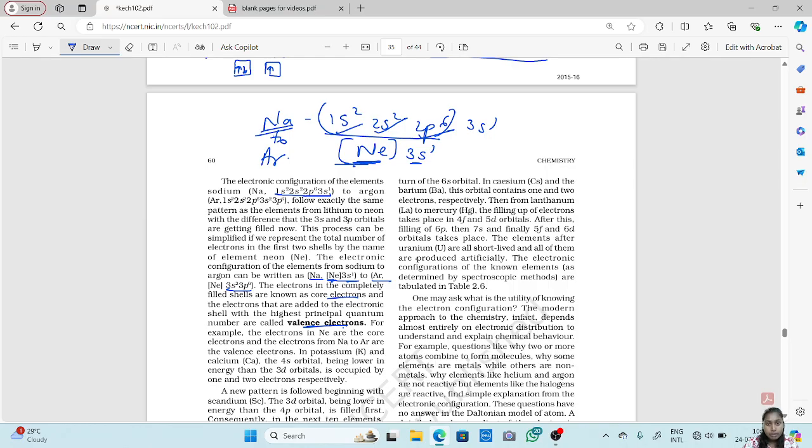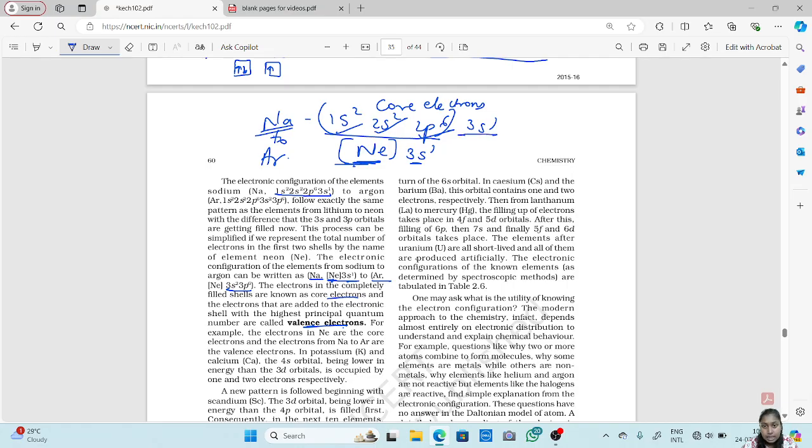So this part where all the orbitals are completely filled is known as core electrons, where all the shells are completely filled.